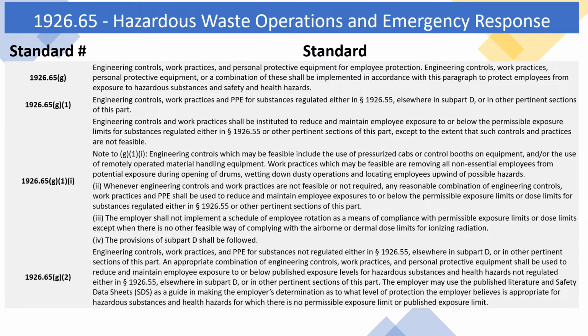The employer may use the published literature and safety data sheets, SDS, as a guide in making the employer's determination as to what level of protection the employer believes is appropriate for hazardous substances and health hazards for which there is no permissible exposure limit or published exposure limit.